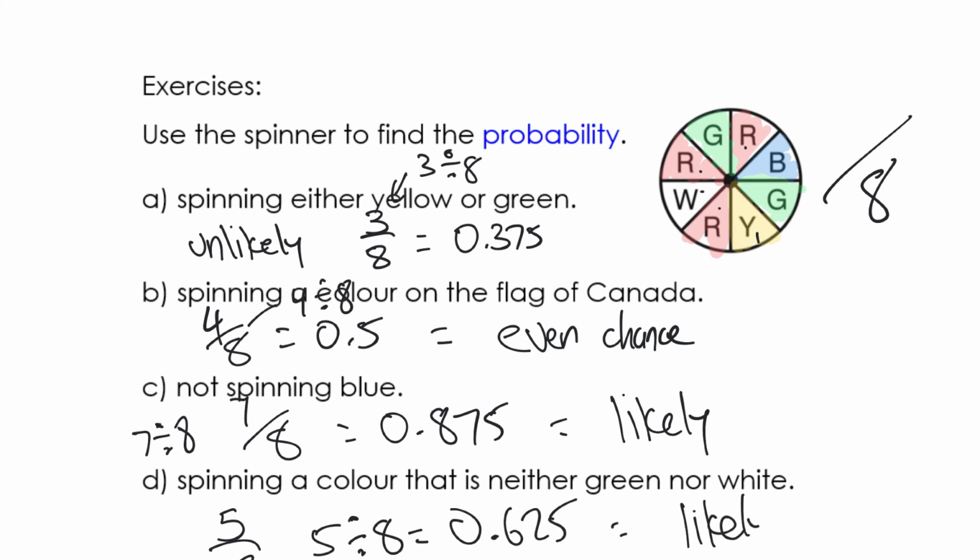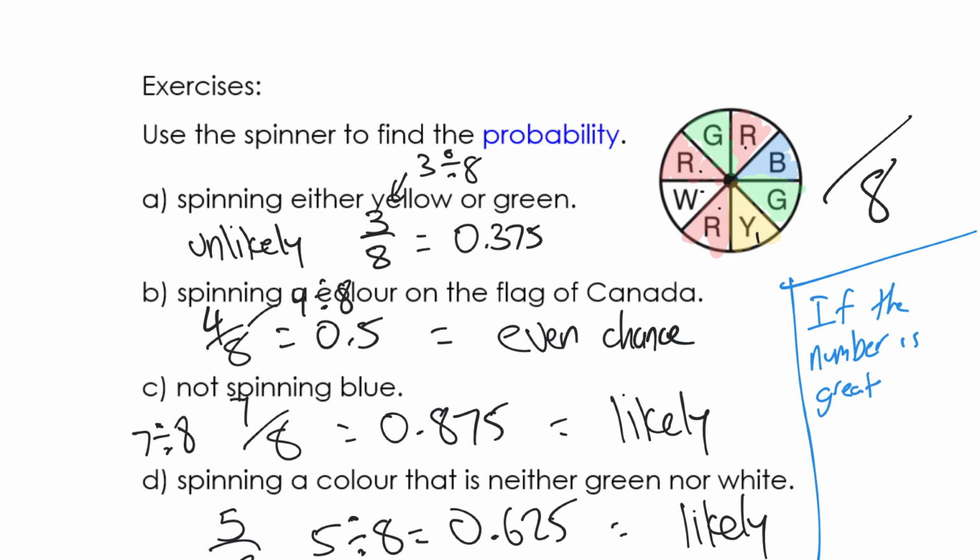That is likely. So let me write this on the side. If the number is greater than 0.5, so you can also write this as 0.500, the event is likely.